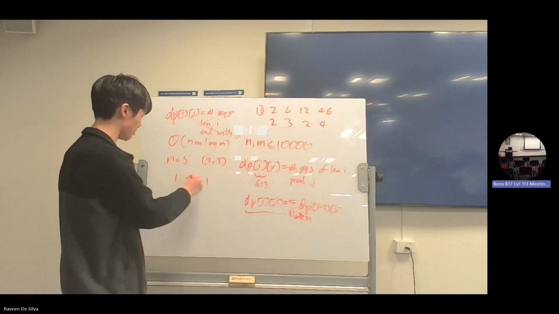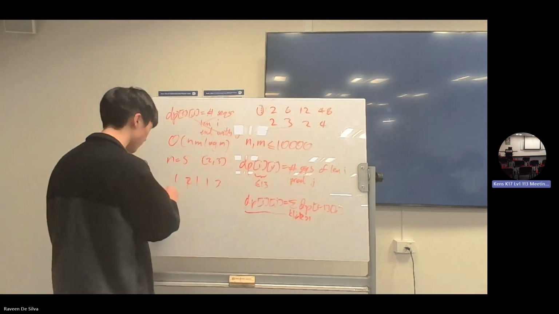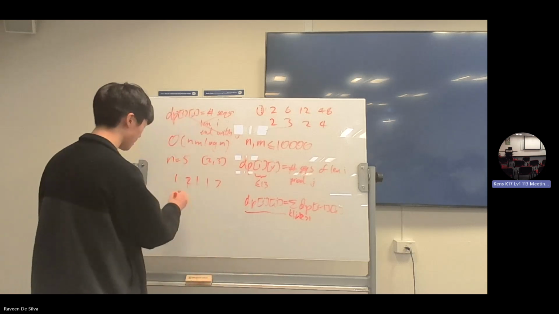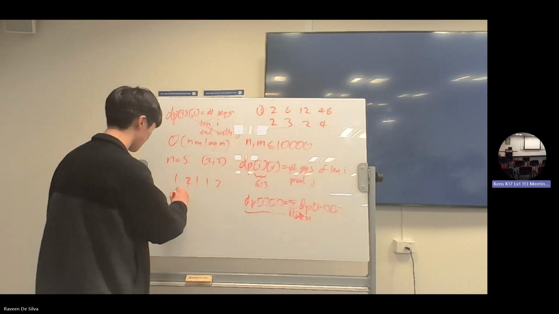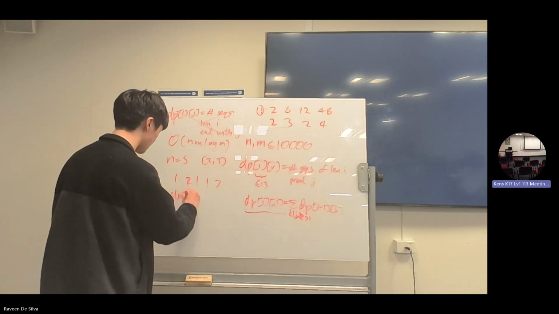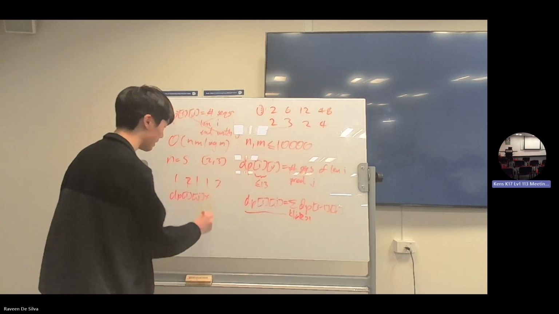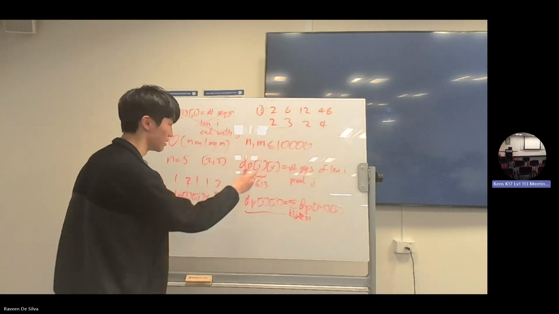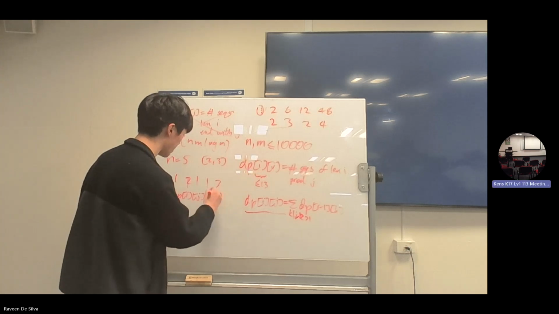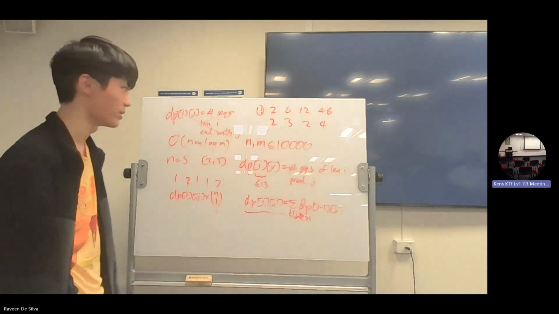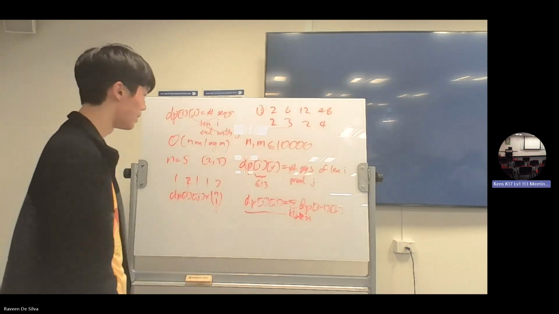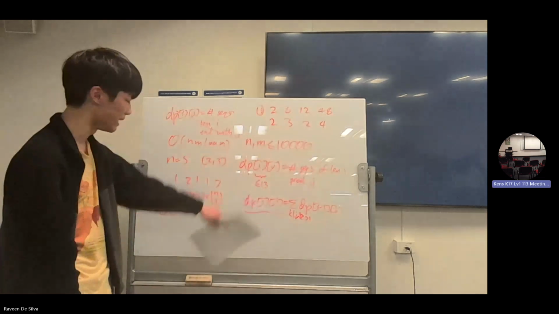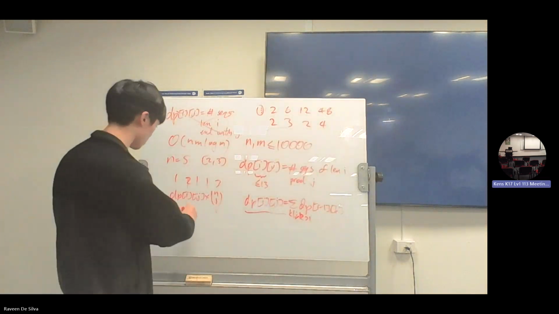So for all i and j, you add to the answer dp of i, j multiplied by n choose i. You calculate the factorials and inverse factorials, which I think you can do in order n. And for this DP, it should be m log squared, I think.